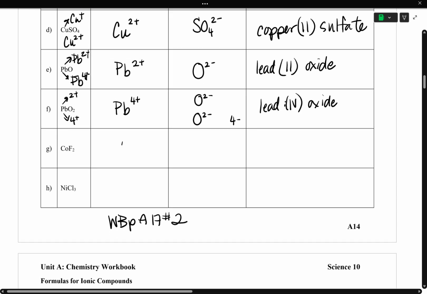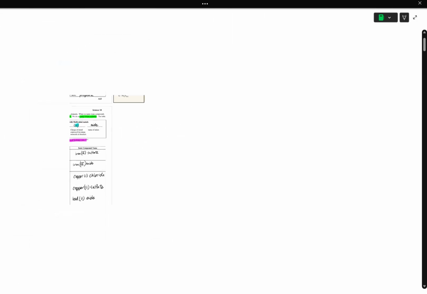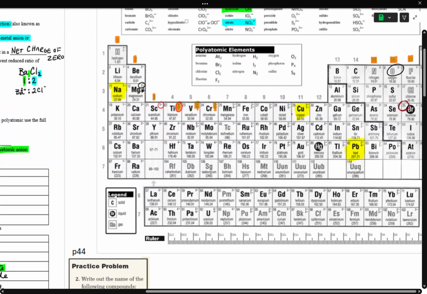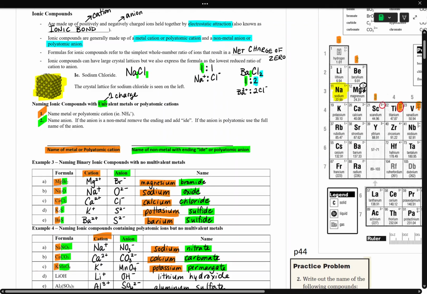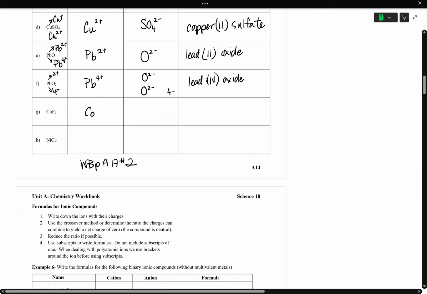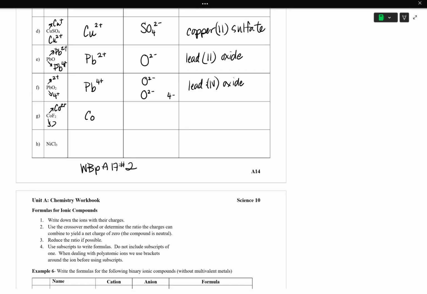G, cobalt, Co. Take a look. What are the possible charges on cobalt? Cobalt's right here, 2 plus or 3 plus. Let's write that down. So cobalt could be Co2 plus, Co3 plus.